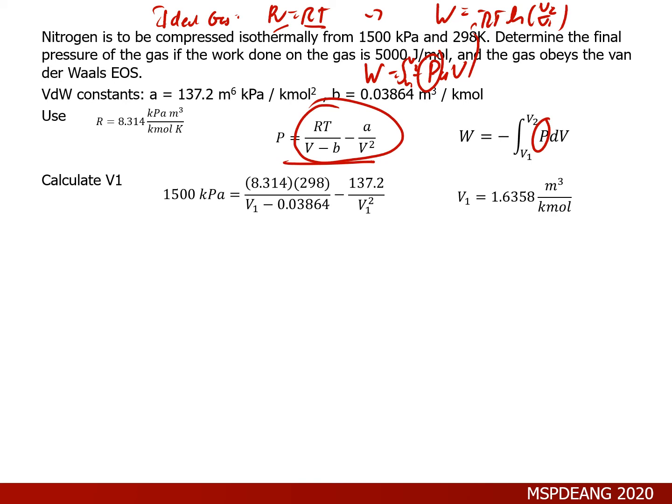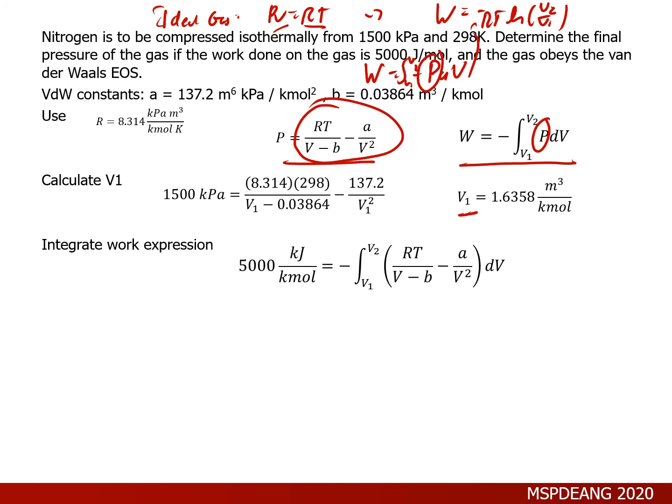Okay, and next step natin is, okay, alam na natin si V1. Okay, we know the work, which is 5,000 joules per mole. We need to get V2. Okay, so we need to get the integrated expression of the work term using the van der Waals EOS. So let's integrate the work expression.